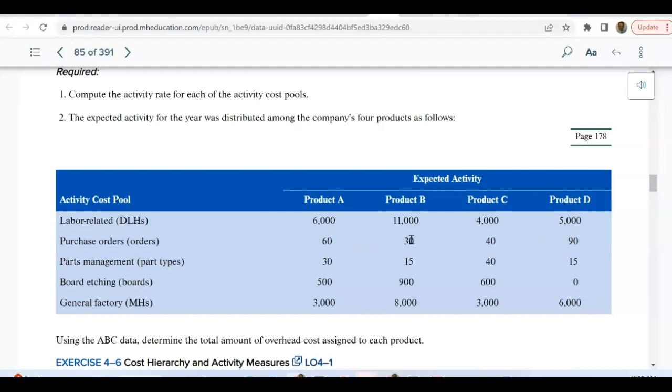How many purchase orders we got, how many parts for each product, how many board etchings for each product, and how many general factory machine hours for each product. Using the ABC data, determine the total amount of overhead costs assigned to each product. So we need to calculate the activity rate based on the ABC system first, and then apply.